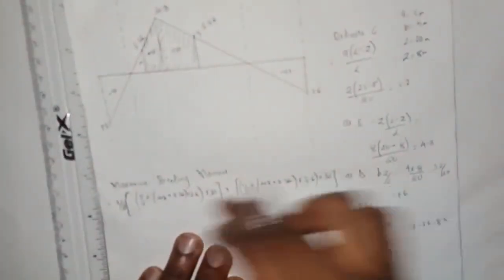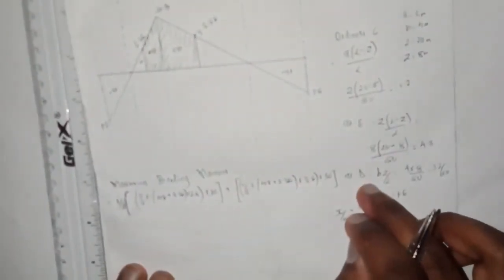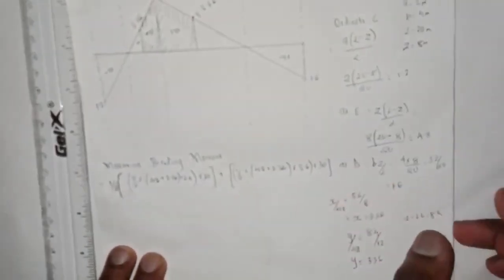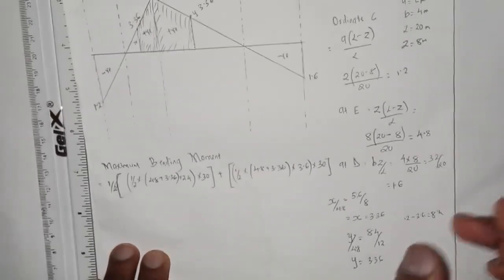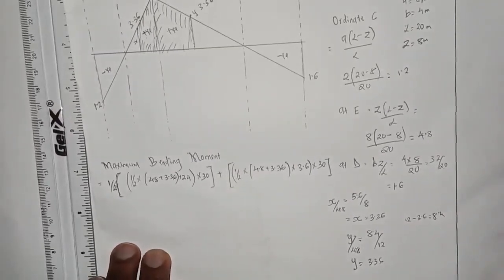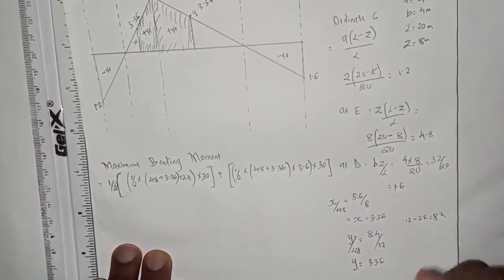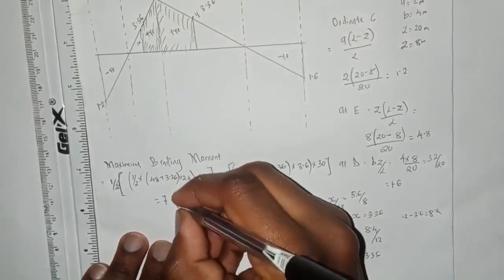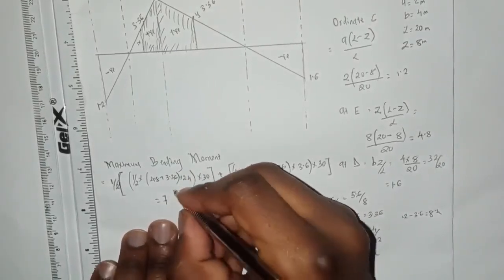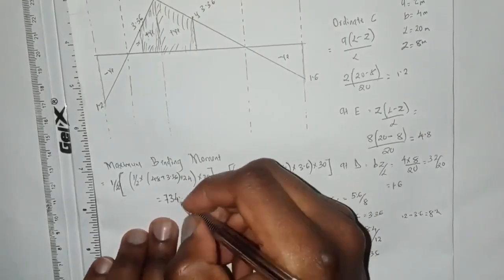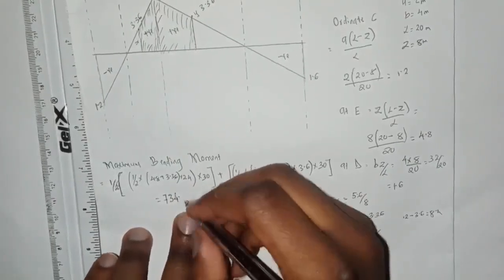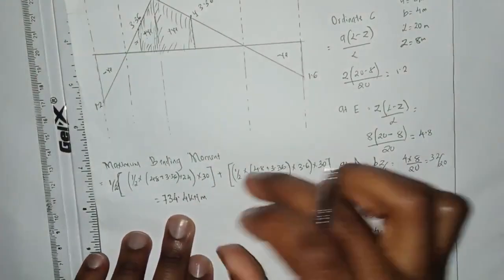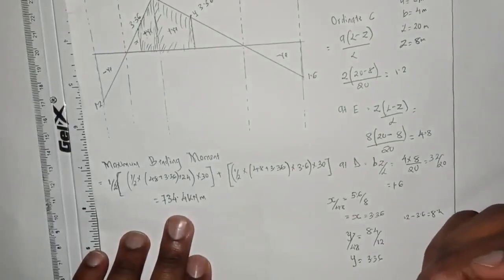And when you key all this into your calculator, I'm sorry because the camera is not focusing that well, you should get the maximum bending moment as 734.4 kilonewton meters, and this is our maximum bending moment.